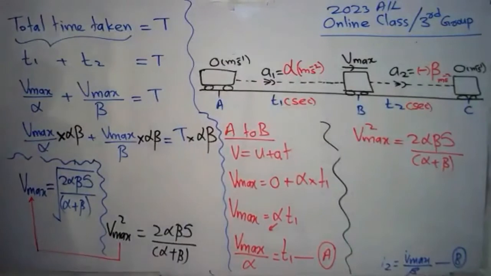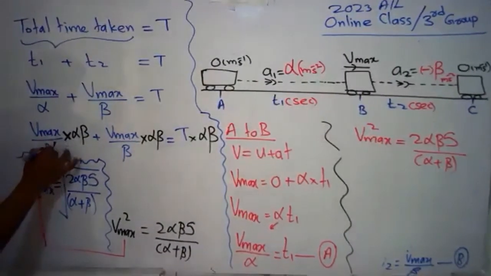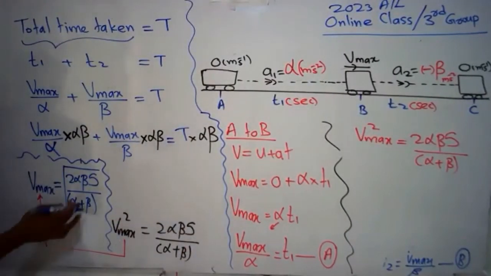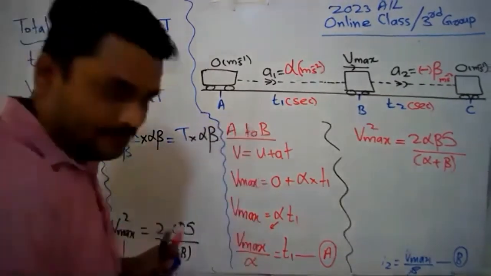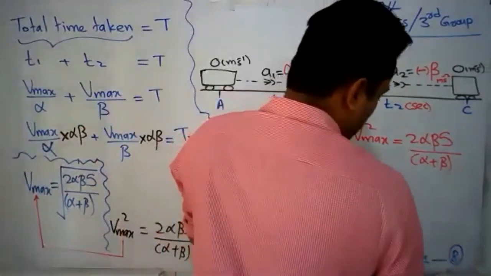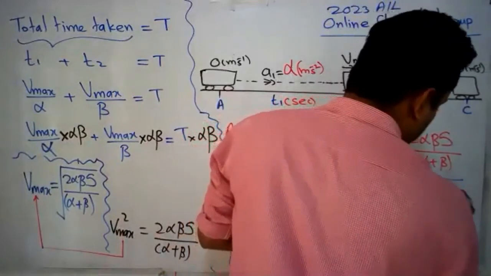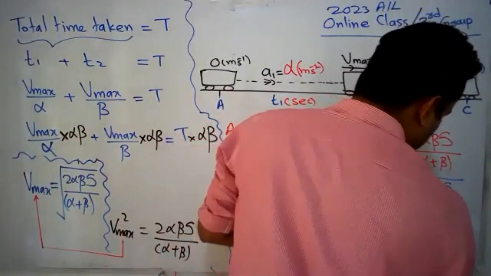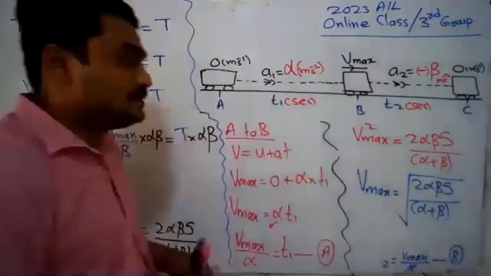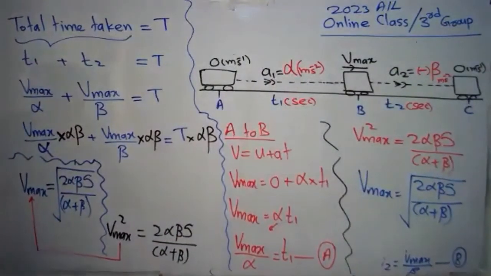Because I want to erase the board, I want to clear this area for the simplification, so I write this equation there. So V max equals square root of 2 alpha beta s over alpha plus beta. Write down everything, so I'll erase them here.